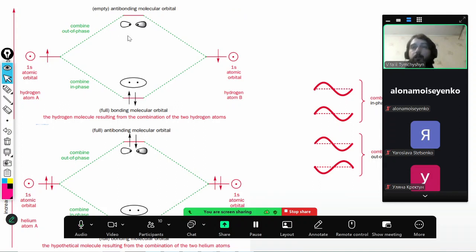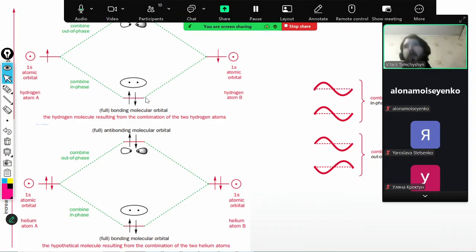Here you see its form, and it will have some higher energy than the orbitals we started with. Since we are populating just with two electrons, these two electrons can live on the lower constructive orbital, the bonding molecular orbital, so we have some gain in energy, and these two hydrogen atoms would like to stay together, to combine into a molecule H2.